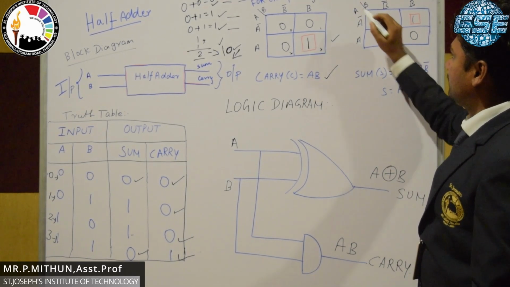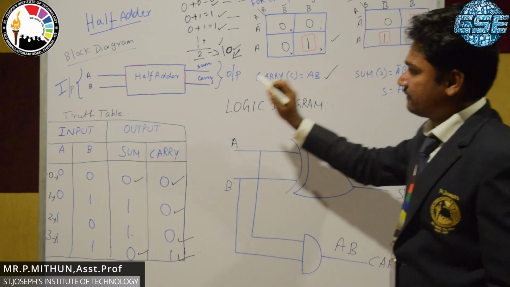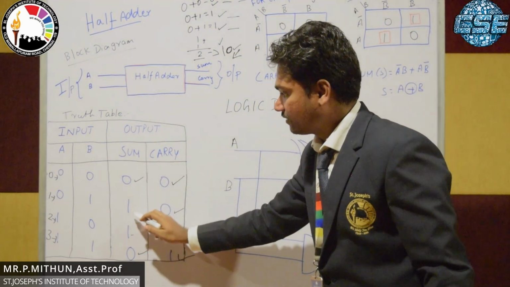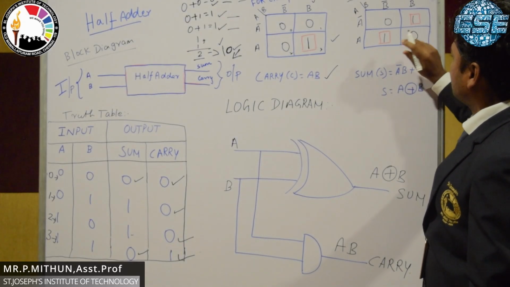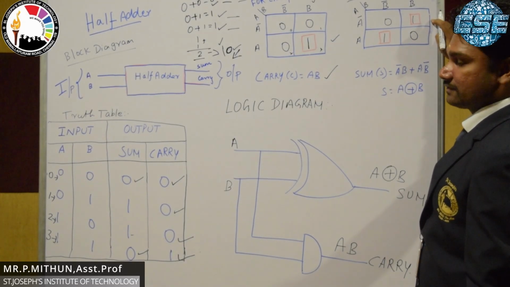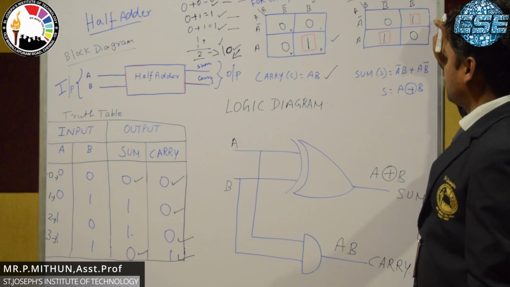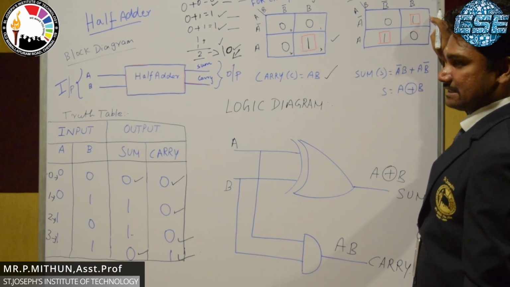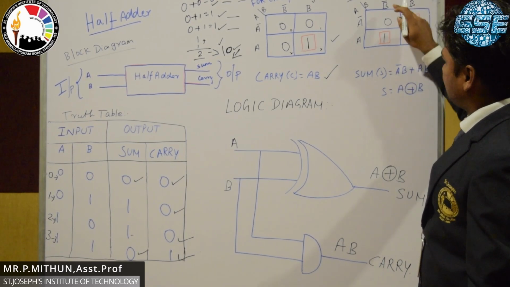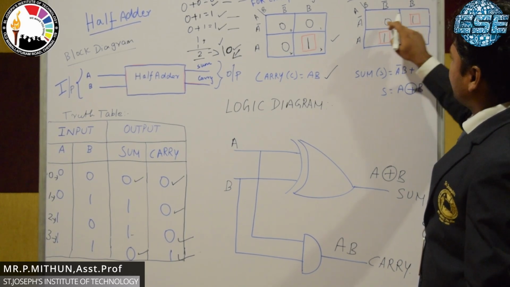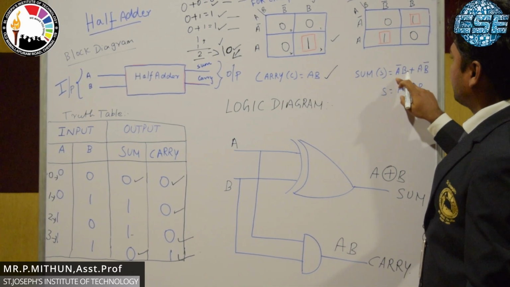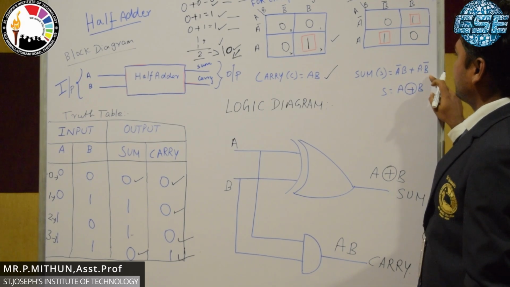Then for the sum, from the sum truth table we have 0, 1, 1, 0. For this there are no possibilities to group in the map, so individual mapping is carried out. This gives A B bar plus B A bar, that is A bar B plus A B bar.